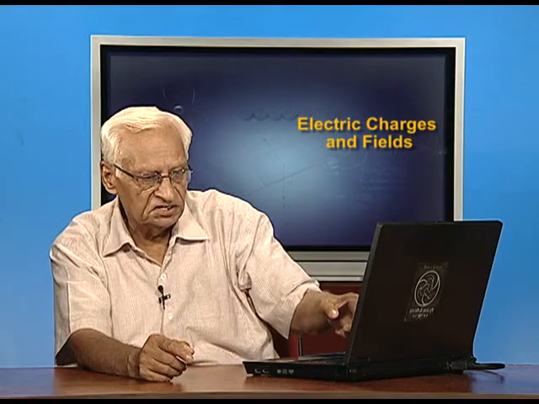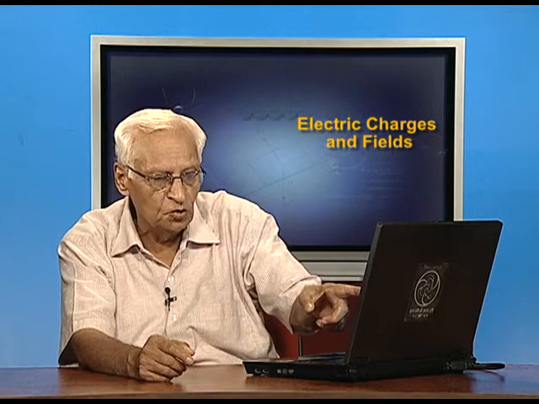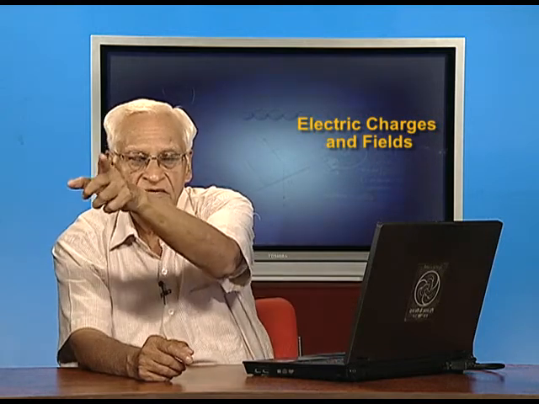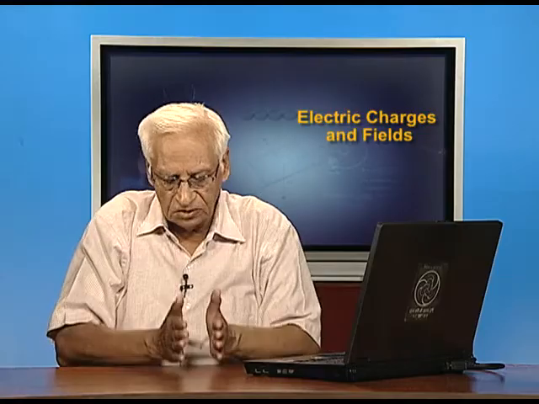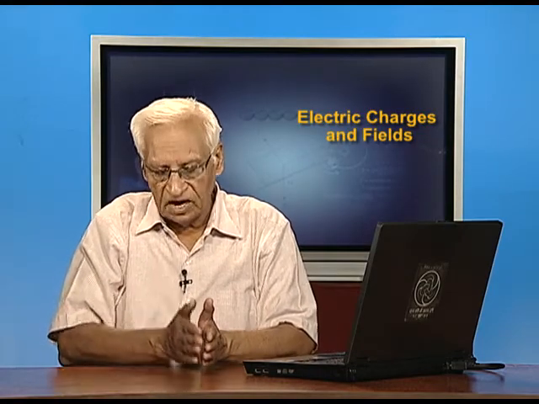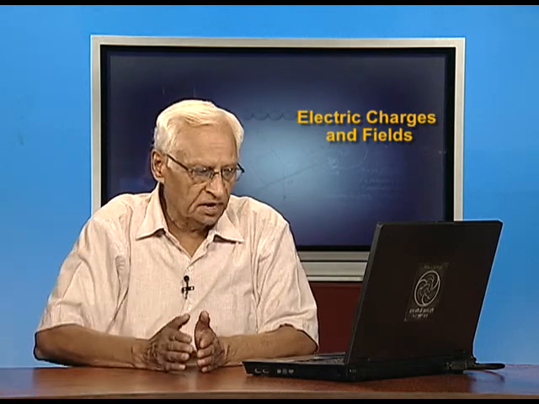So, the shape is like this, and the positive charge moves from infinity towards the negative charge, from a higher to a lower potential. A negative charge, red arrow, moves from a lower potential to a higher potential. The two move in opposite direction. Positive charge moves from a higher to a lower potential, and negative charge moves from a lower to a higher potential.